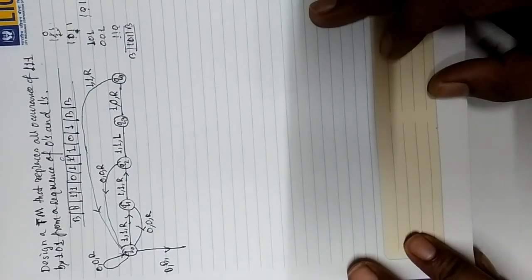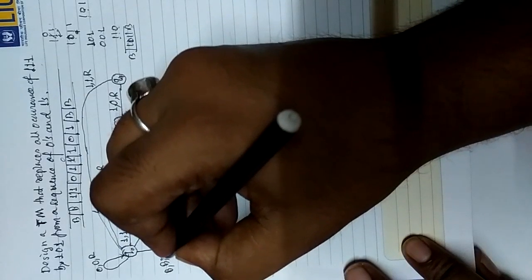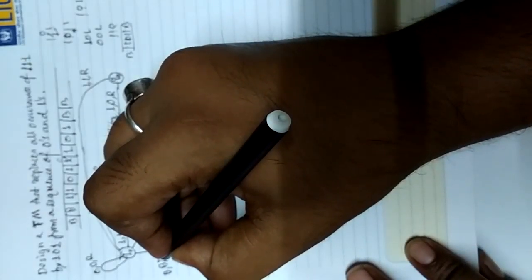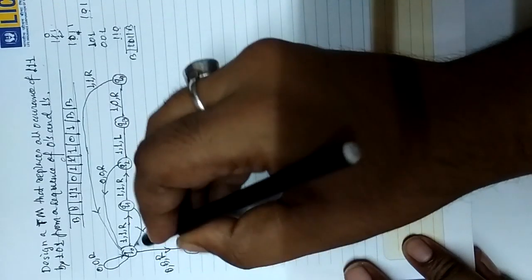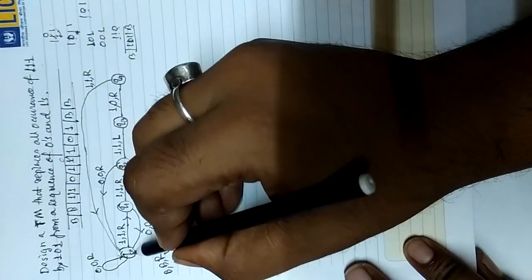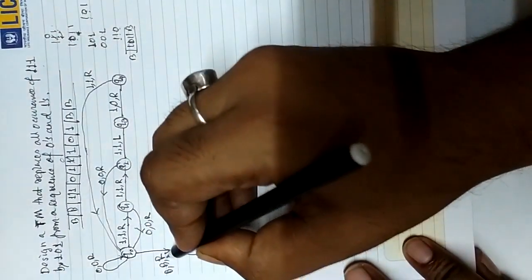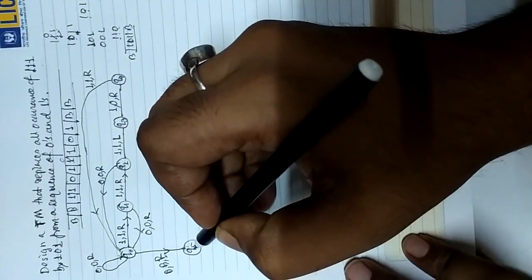Replace blank by blank and move towards left. Okay, and you are in the q5 state. So basically when things are exhausted, you are reading this blank, replace this blank by blank and move towards right. This is right. Okay, and go to the q5 state.